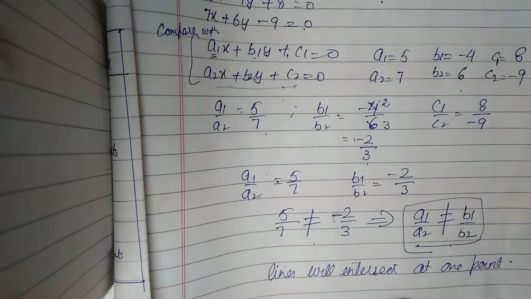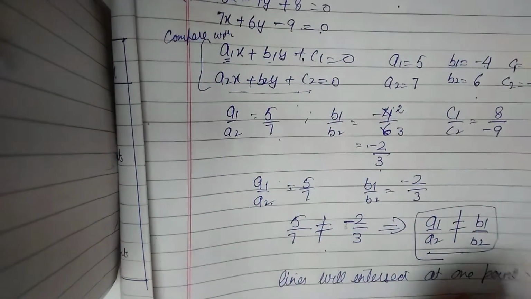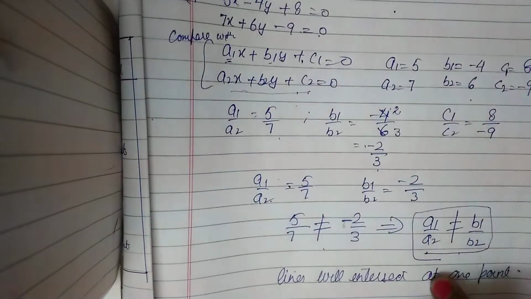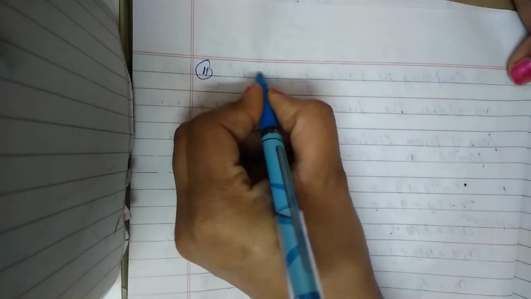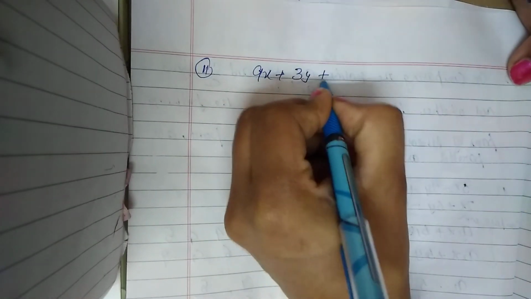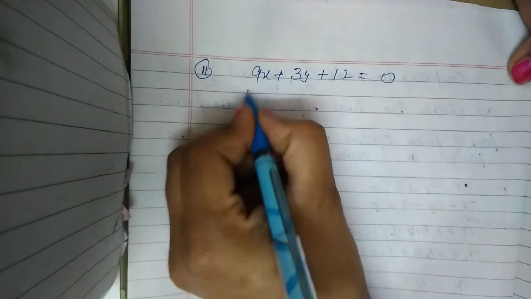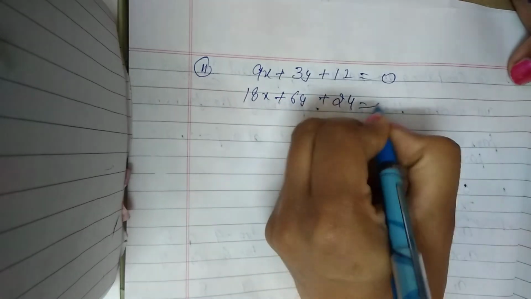Now question number 2. Let us see the statement: 9x plus 3y plus 12 equal to 0, and 18x plus 6y plus 24 equal to 0.